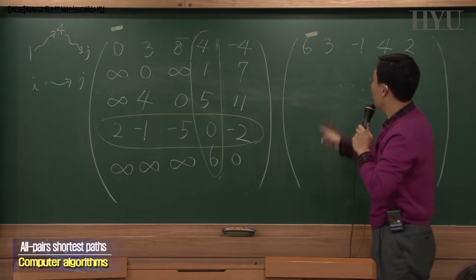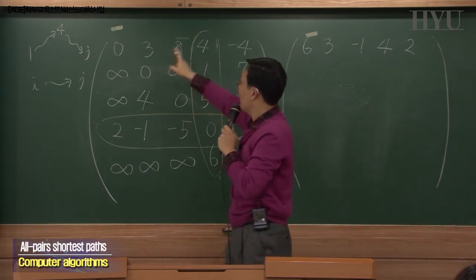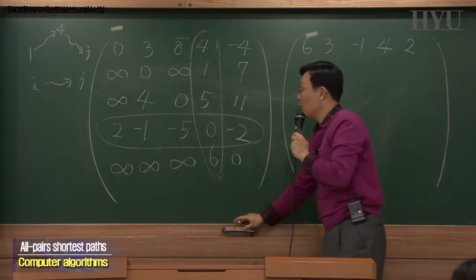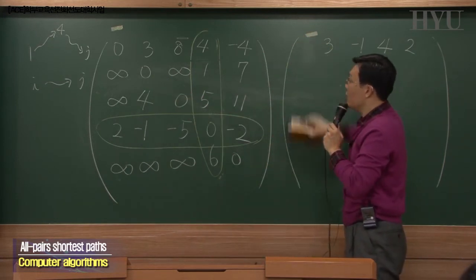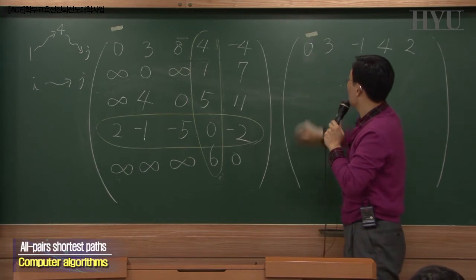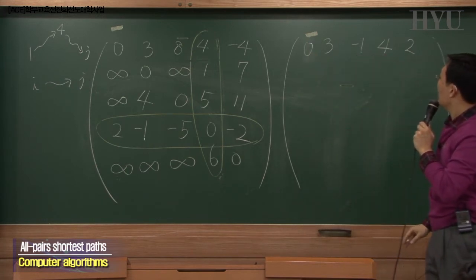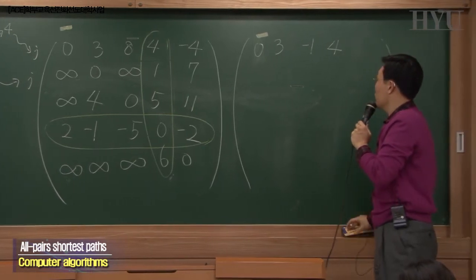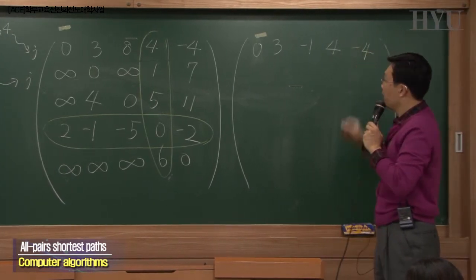Then we compare these values and take the minimum. We know that 0 is smaller than 6, so it's 0. And how about the others? This one should be negative 4.